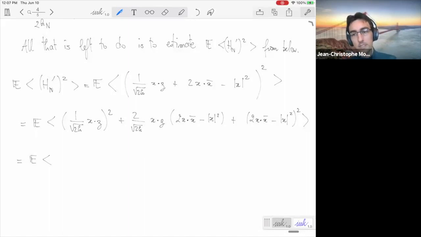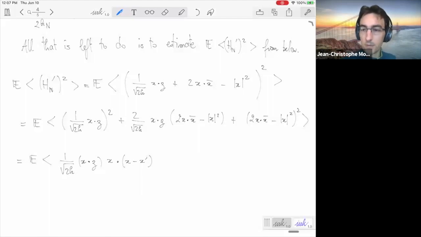The first term is as if you think of the square as the multiplication of two copies, freeze one of the z's, and pretend it's normal Gaussian integration by parts. So in this case, we get 1 over square root of 2h, with this x minus x prime term instead of the z. And also the square root of 2h is appearing, so that's why now I have only one over square root of 2h.